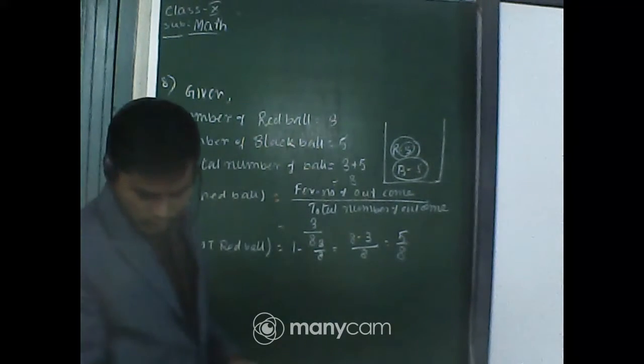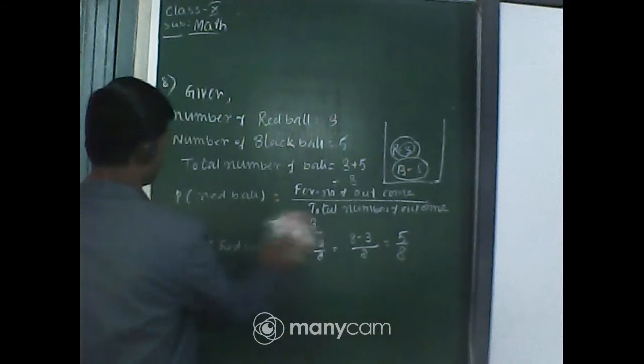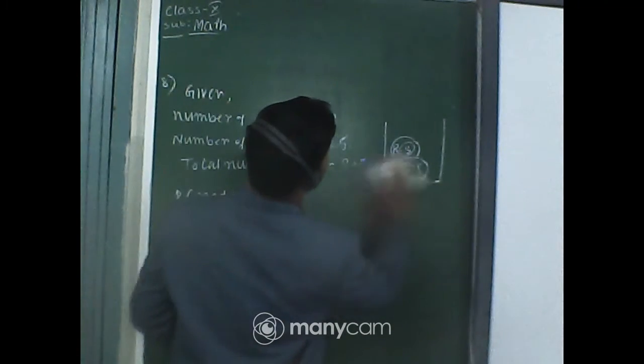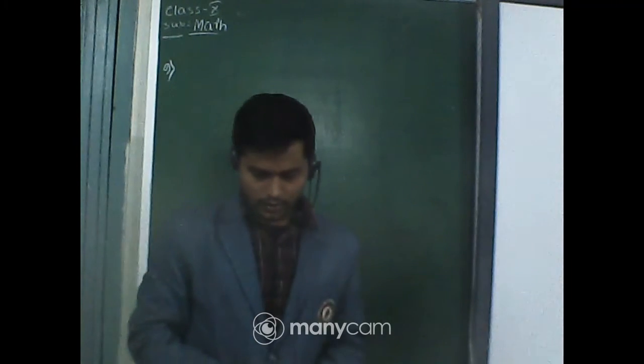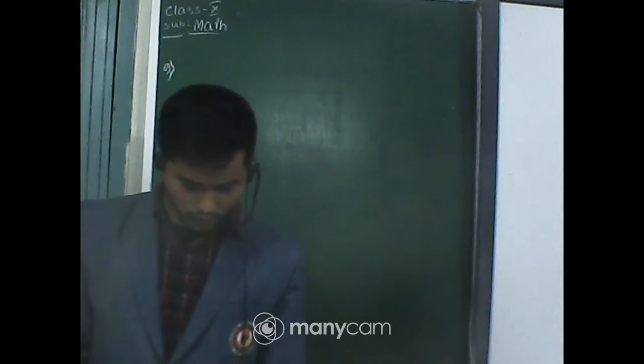The next question is question number 9. A box contains 5 red marbles, 8 white marbles and 4 green marbles. One marble is taken out of the box at random.